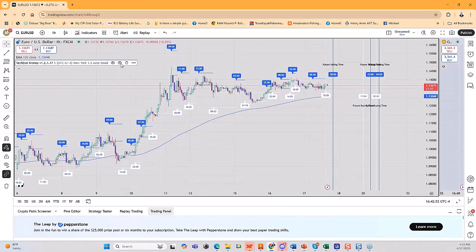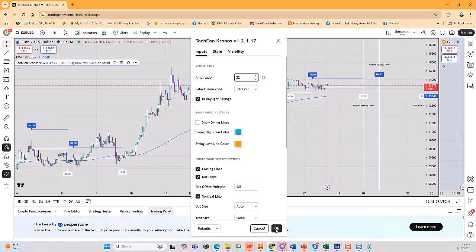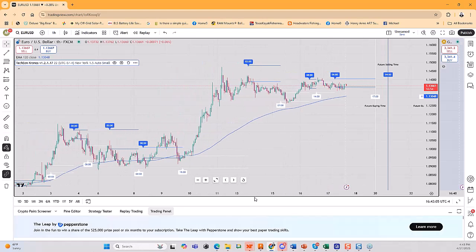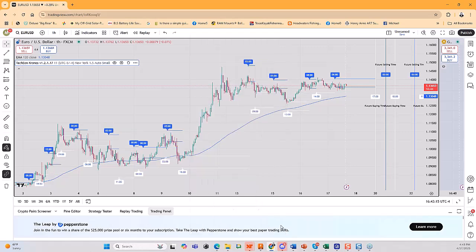And conversely, the larger that number, let's double it to 22, the fewer the number of moves, and the larger moves it's looking for historically. So a good number to settle on to start, somewhere between 8 and 11, seems to be the sweet spot for most markets.